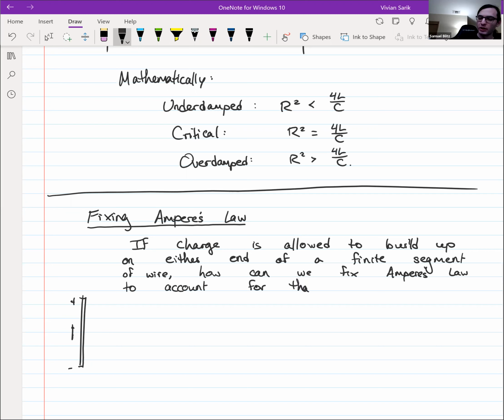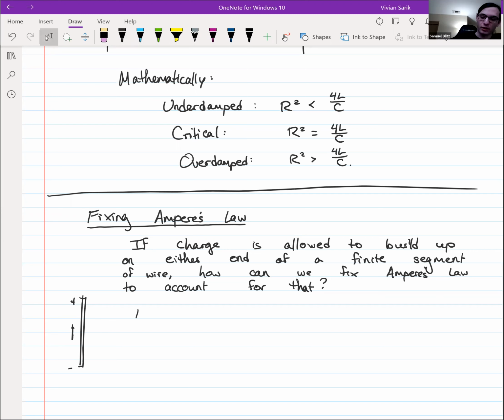And I'll explain in a little bit more detail in just a second. So what we're going to do is, instead of talking about a finite segment of wire, which would work, it's just a little bit messier, we're going to idealize and imagine applying Ampere's law to an infinitely long wire that has a break in it. And on that break, we have two capacitive plates.